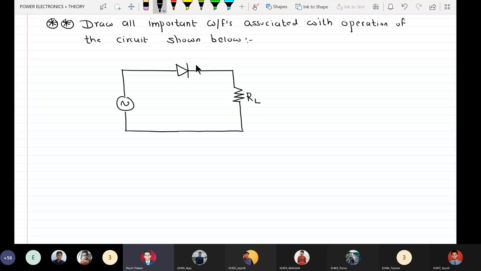Fine. So can anybody guess what is the technical name which can be given to this circuit in front of us? Okay, so what is the technical name of this circuit?